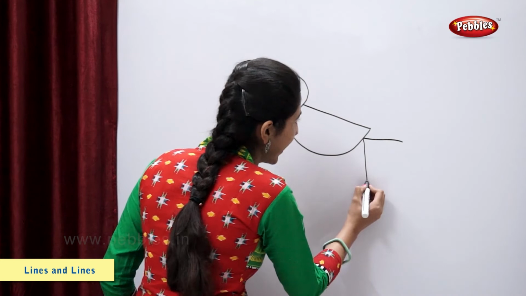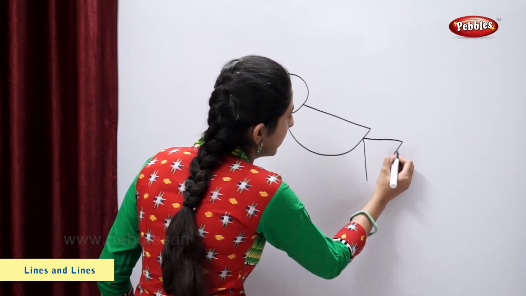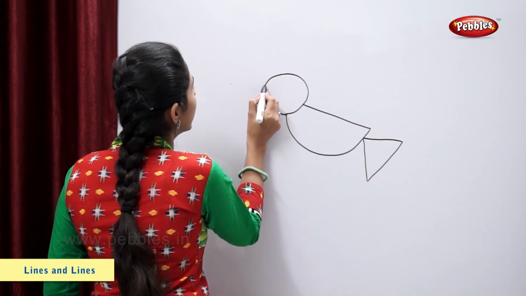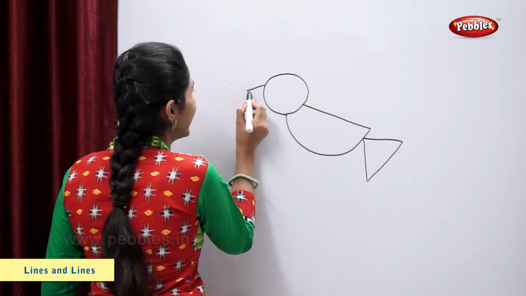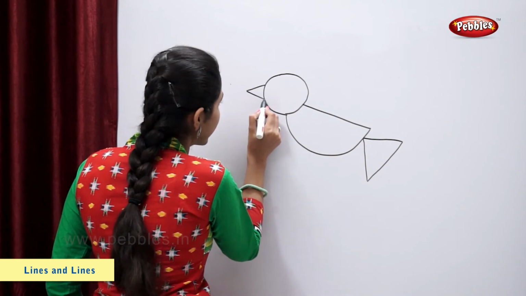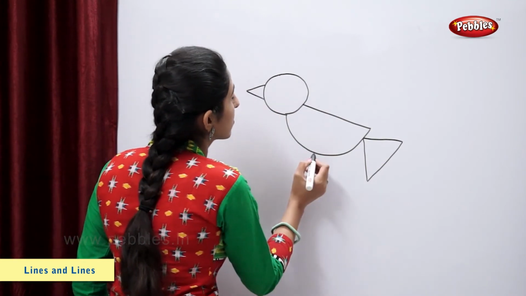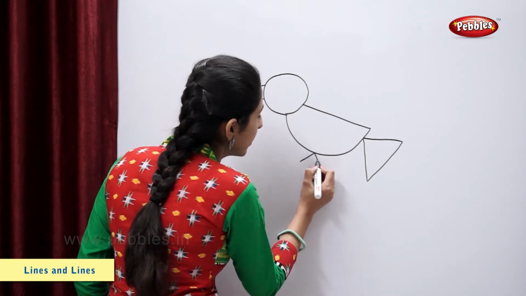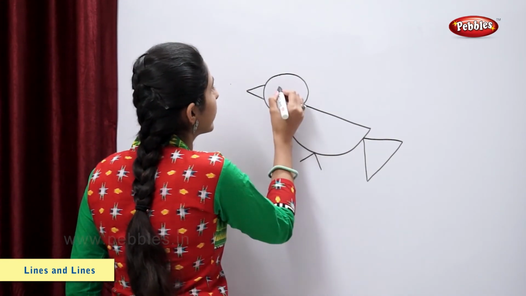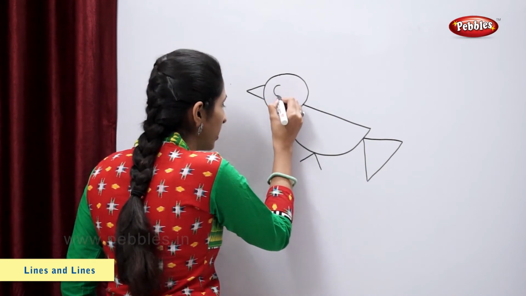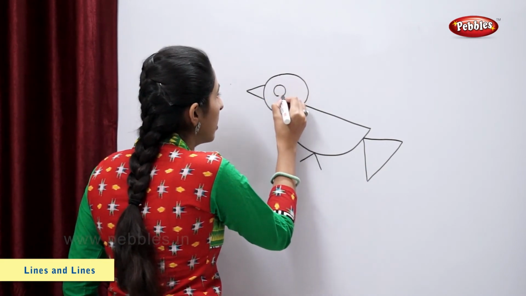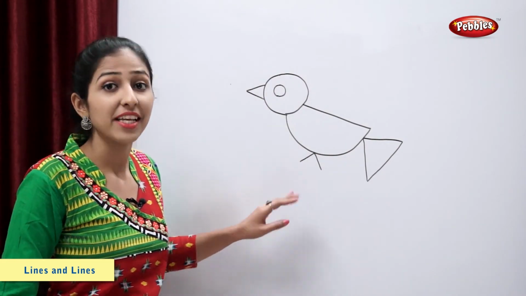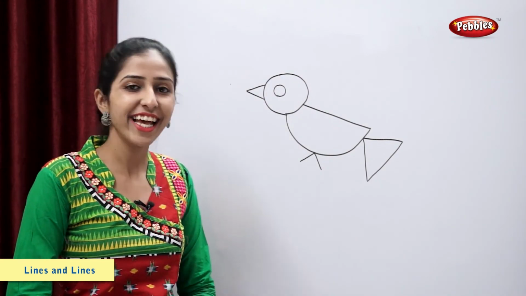One more slanting line. Another slanting line. A small slanting line. Slanting line. Slanting line again. A slanting line. A small curve. Another small curve. So this is a bird using lines and curves.